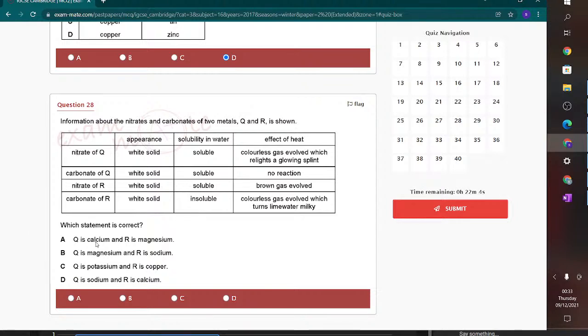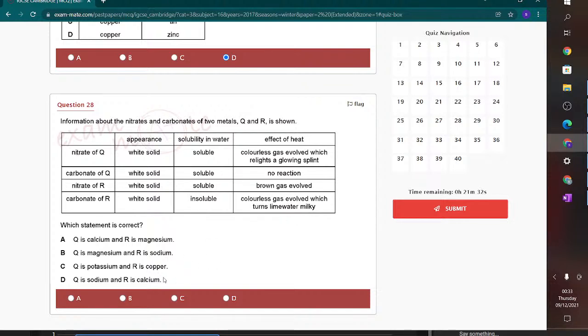Nitrate of R: brown gas evolved. Red-brown gas is NO2. Carbonate of R: colorless gas evolved which turns lime water milky. Calcium carbonate. When calcium carbonate is heated, it forms lime and carbon dioxide, which turns lime water milky because it is a test for carbon dioxide.